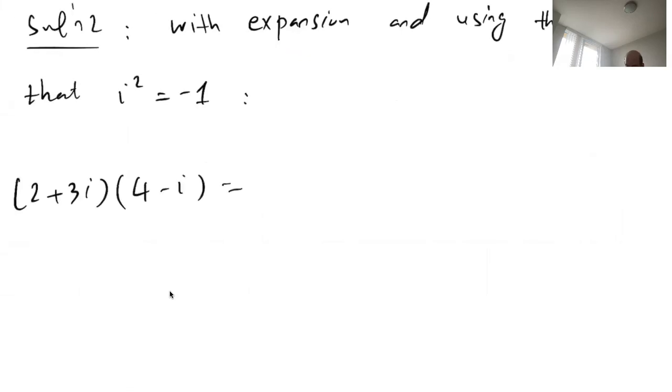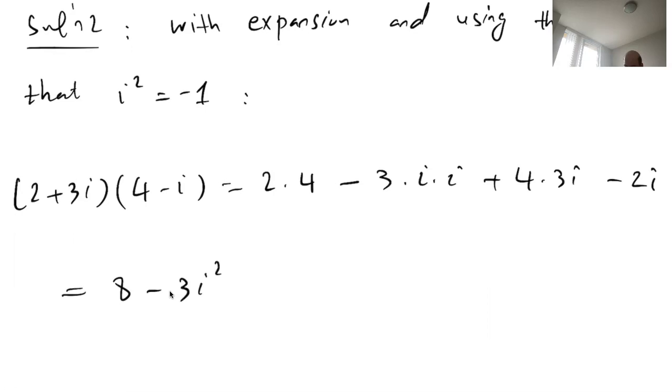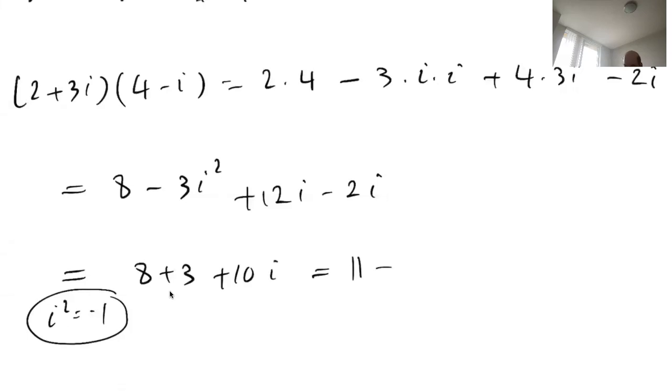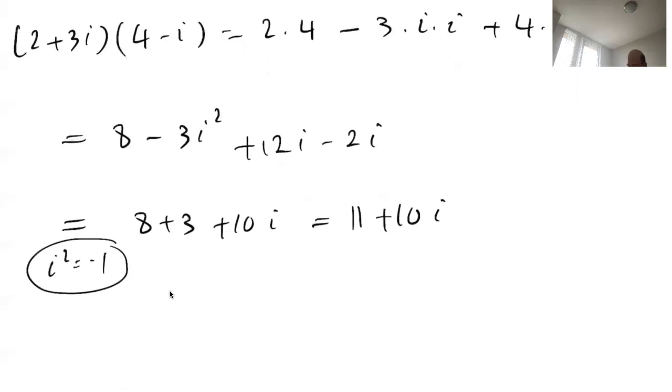If I expand it, 2 times 4, minus 2 times i, plus 3i times 4, minus 3i times i. So that becomes 8 minus 3i squared plus 12i minus 2i. And we know that i squared is -1. So then I'll get 8 plus 3 plus 10i, and this is 11 plus 10i. So the answer is simply 11 plus 10i. We just needed to expand and use the fact that i squared is -1.